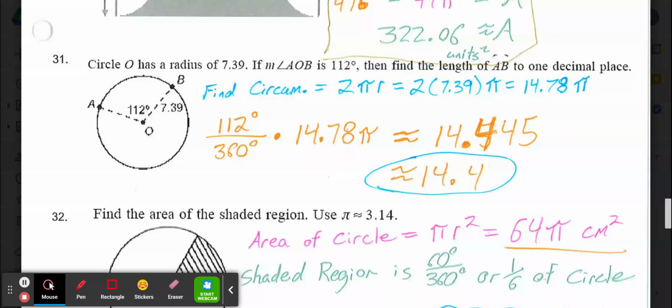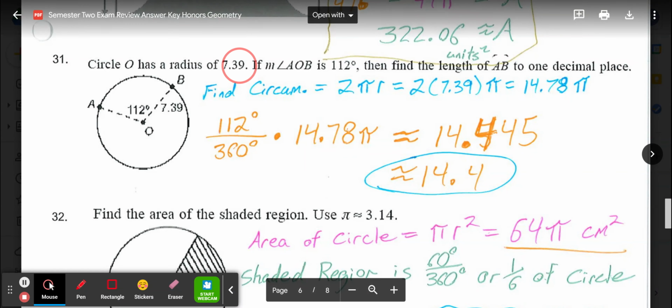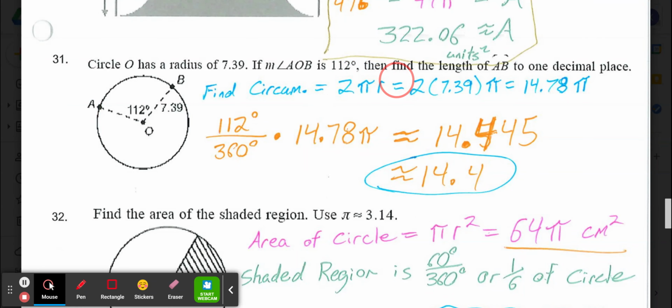31. We know circle has a radius of 7.39. Measure angle AOB is 112. Find the length of AB to 1 decimal place. So we're finding the length of arc AB right here. So first we'd find the circumference of the circle. 2 times pi times radius.